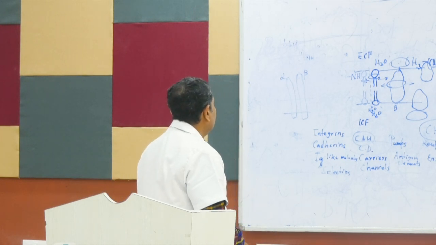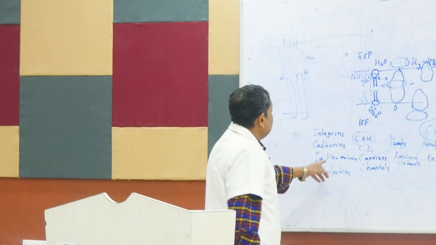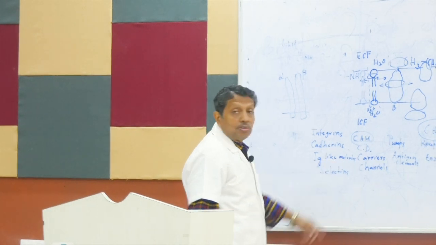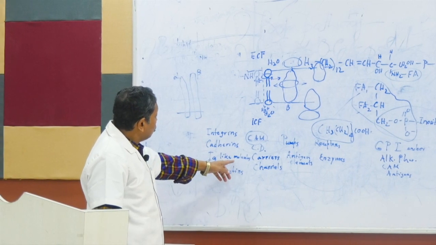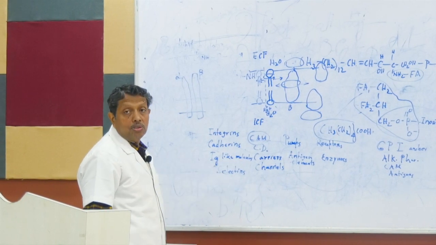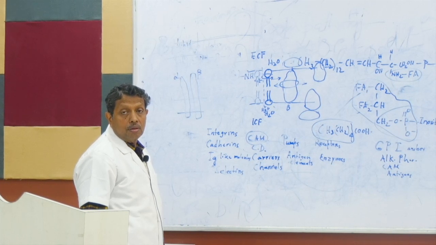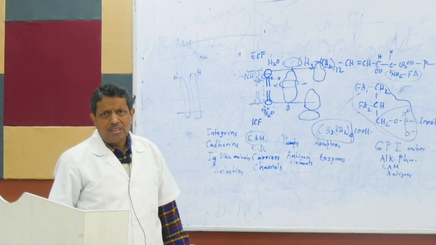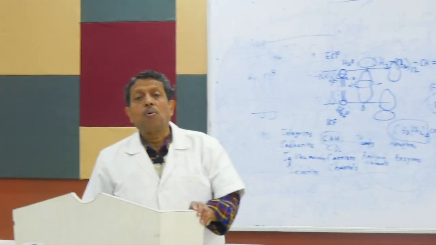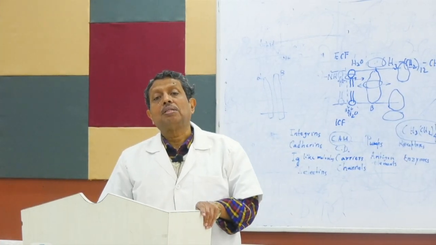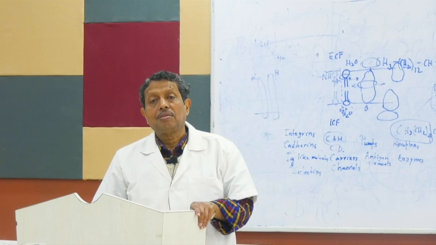Now, these immunoglobulin-like molecules have some functions, like WBC migration. Immunoglobulins you will learn in hematology: how they are produced, what their types are, and what their general structure is.